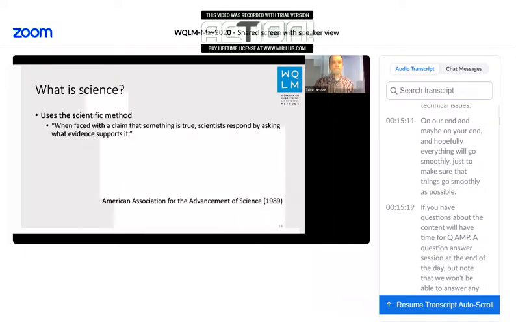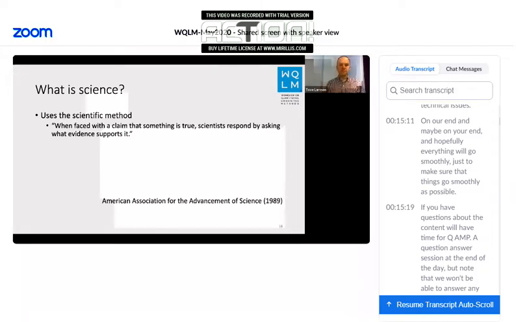Science obviously uses the scientific method. This is foundational to everything that happens within the scientific community.